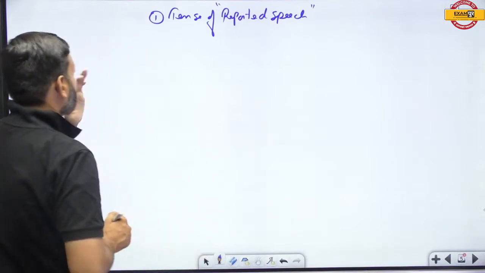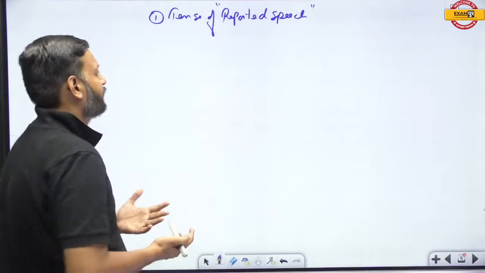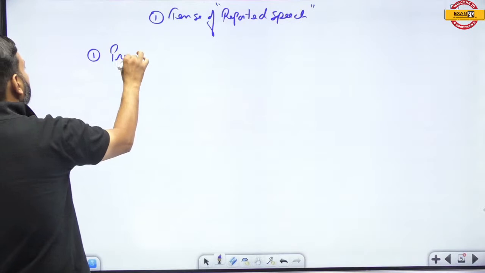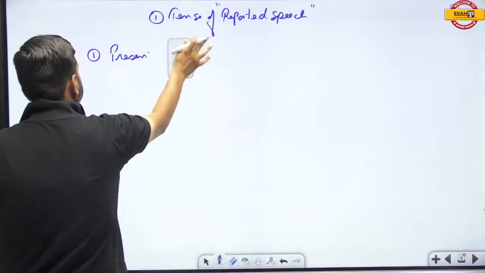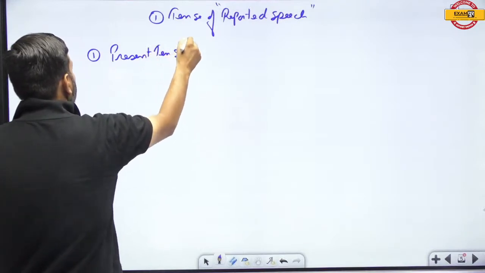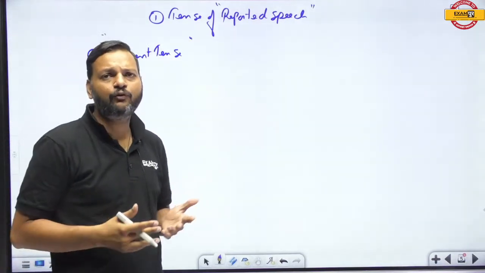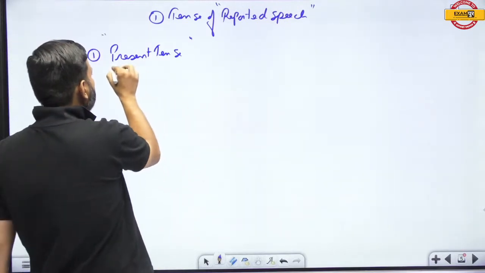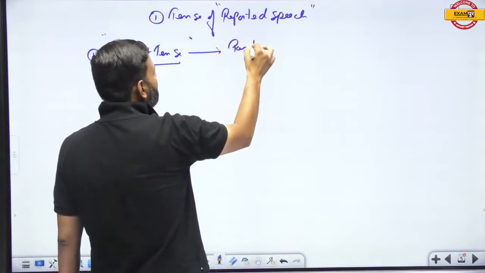So if we talk about the tense of reported speech, what changes are to be done? Let's see. Present tense. Very easily and very precisely, if reported speech is in present tense, just change it into past tense.